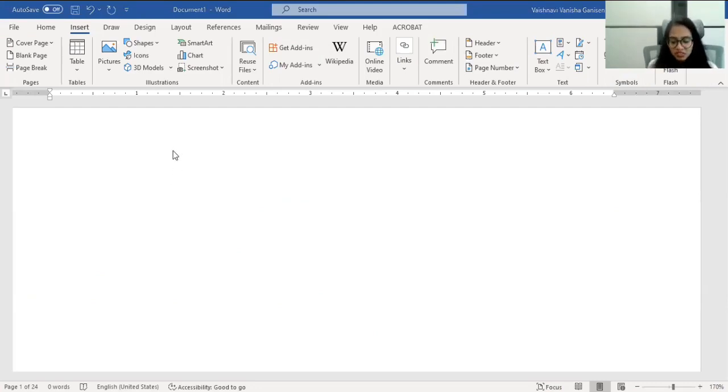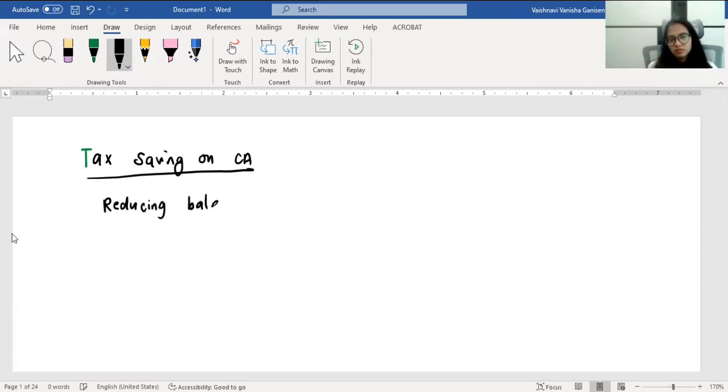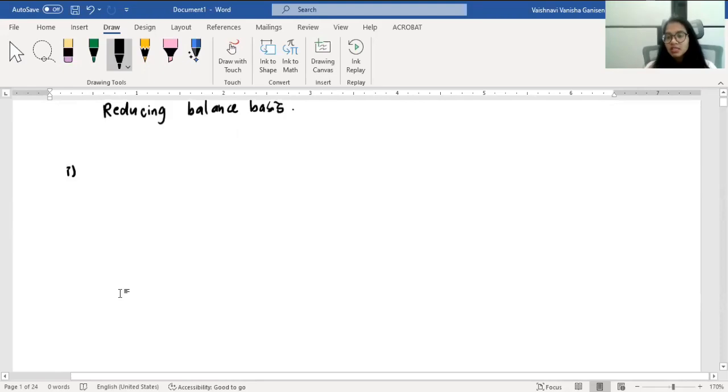So tax saving, capital allowances, but now I'm going to do the reducing balance basis. How do I do it? The first thing I need to do is calculate my depreciation in the normal method, which is the reducing balance basis.